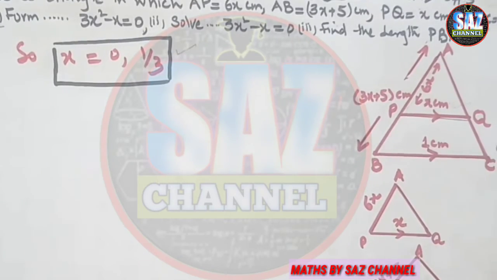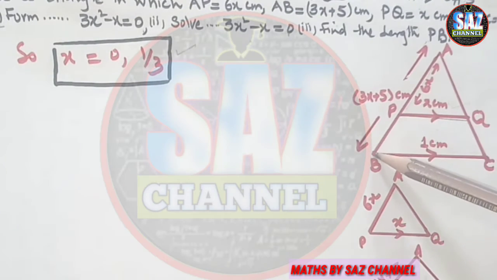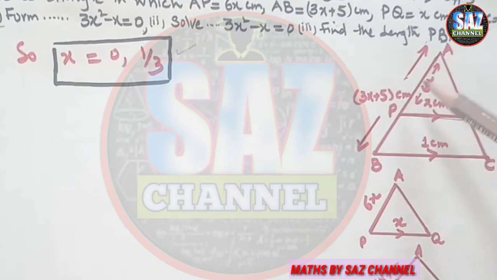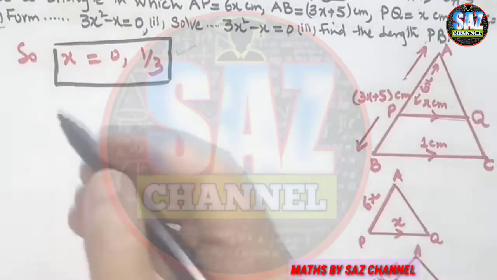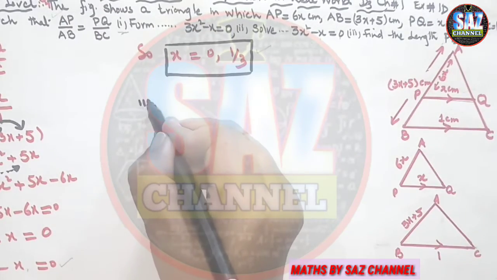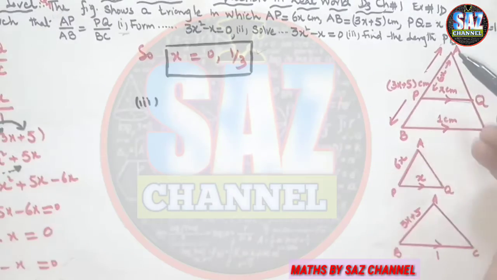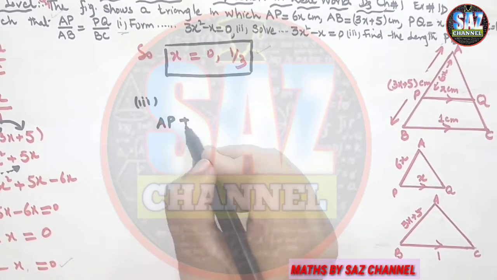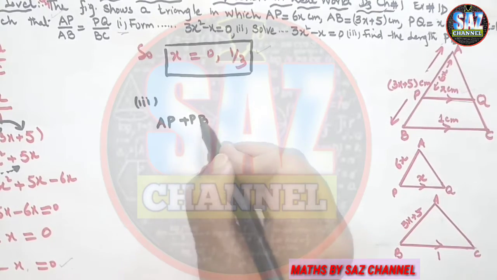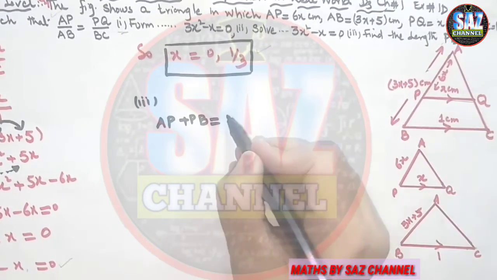In order to find the length PB, we have to look at this side of the triangle. We can see that PB is some part along this line. So in order to find the PB length, AP plus PB is equal to the total length AB.